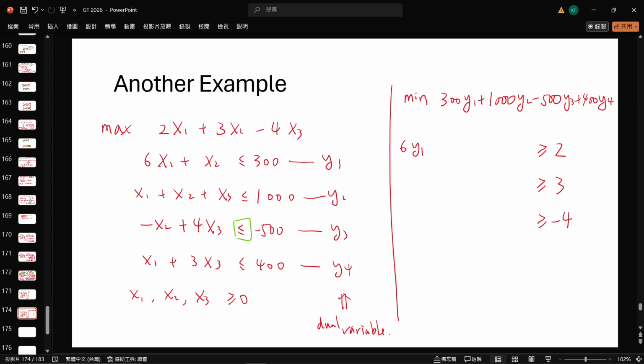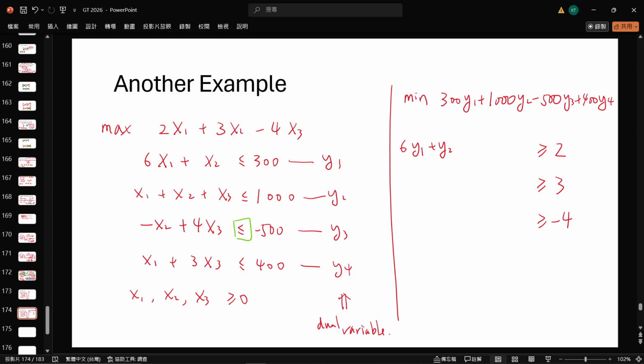Okay, so we haven't finished here, because the coefficient of x1 also includes this term, which becomes y2 times 1. And for the third constraint, because it does not involve x1, you don't have to consider this.